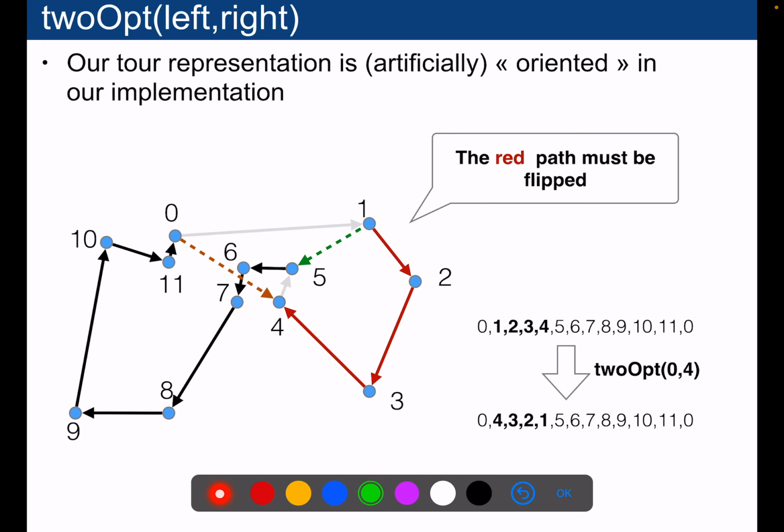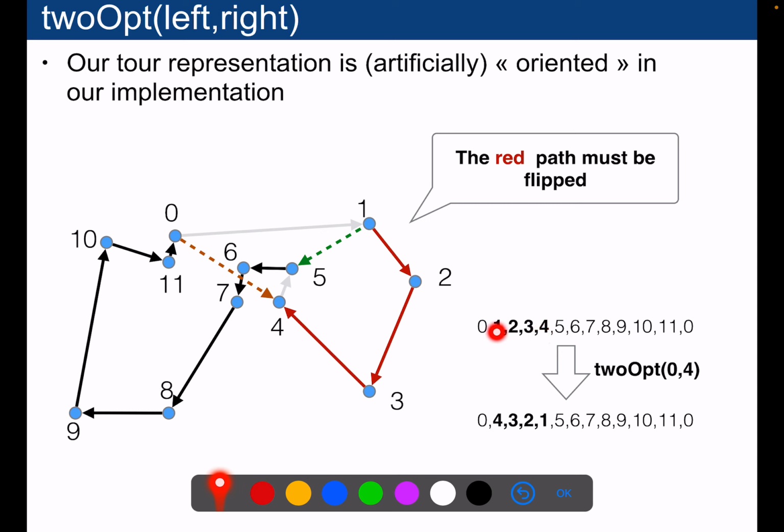Then we have the two-opt move that will actually implement the change of what we want to do. In that case, you need to flip the sub-circuit here. So if we break the sub-array between 0 and 1 and between 4 and 5, we need to flip the sub-array and reverse it.